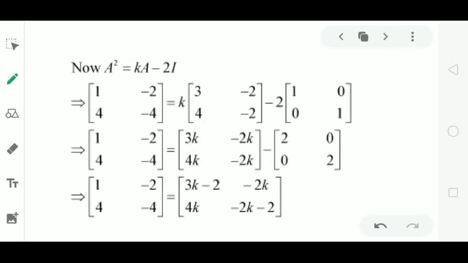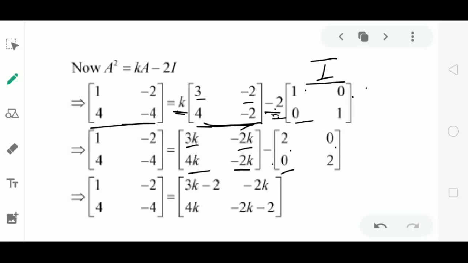We get A square equal to KA minus 2I, that is A square equal to K into matrix A minus 2 into identity matrix I. Multiply K to each of the elements of matrix A, that is K into 3, 3K, minus 2K, K into 4, 4K, K into minus 2, minus 2K, and multiply 2 to each of the elements of identity matrix I. Minus, as it is, 2 into 1 is 2, 2 into 0 is 0, 2 into 0 is 0, 2 into 1 is 2.